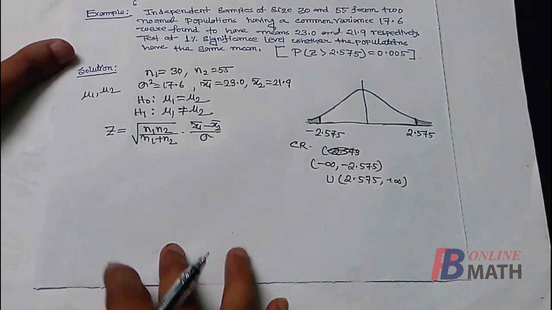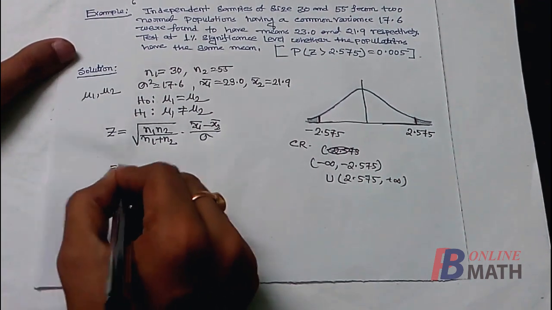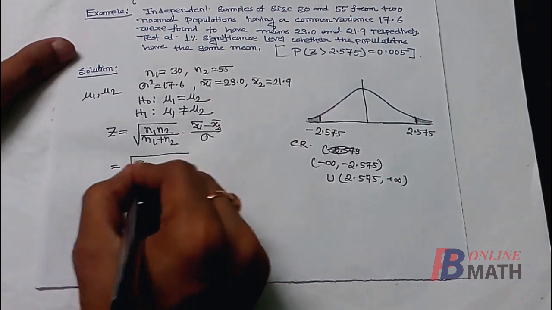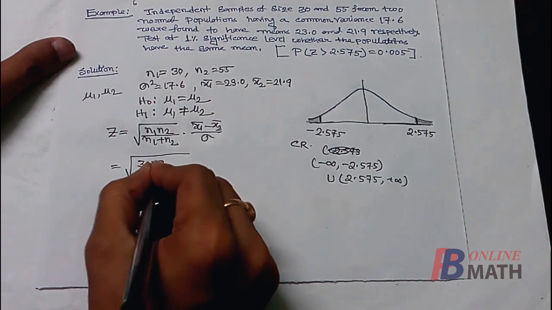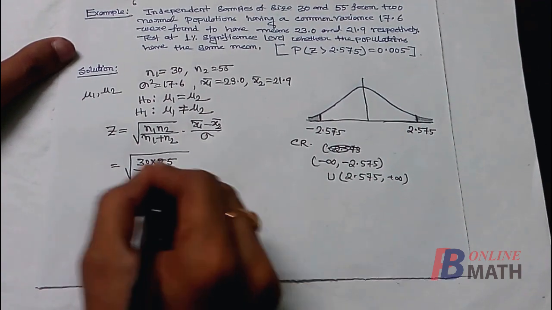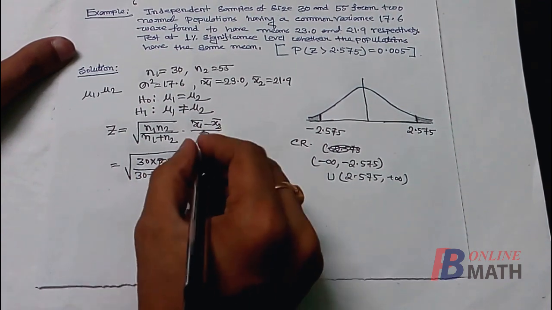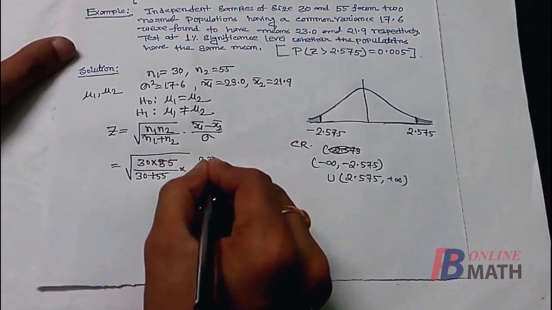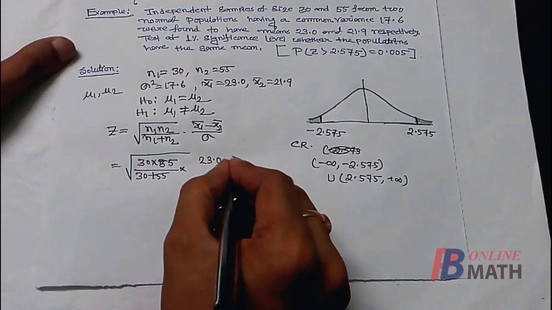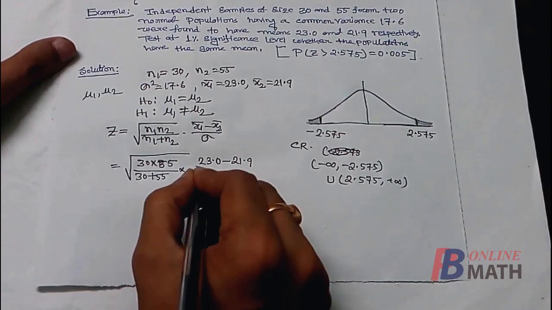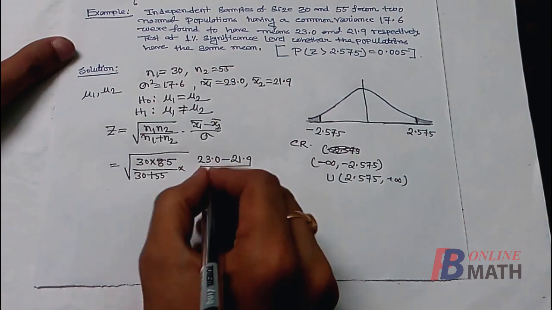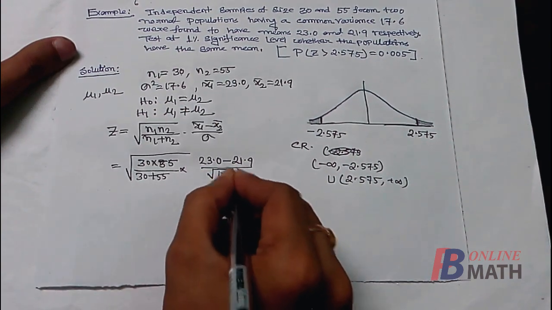Next we have to compute the value of this test statistic. If we replace the values, it is 30 times 55 divided by 30 plus 55, multiplied by x1 bar 23.0 minus x2 bar 21.9, divided by sigma, root over 17.6.